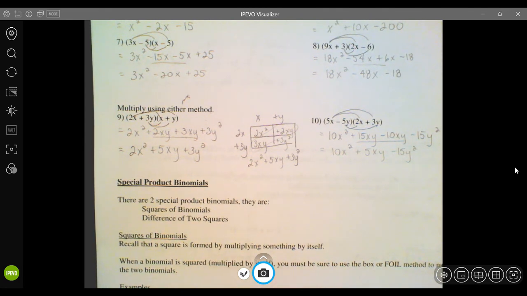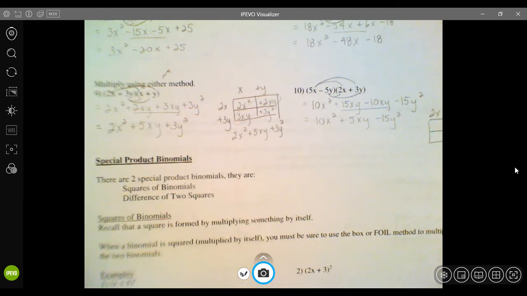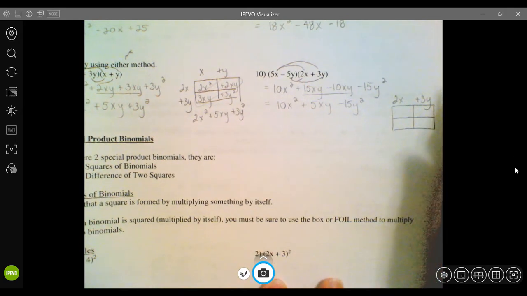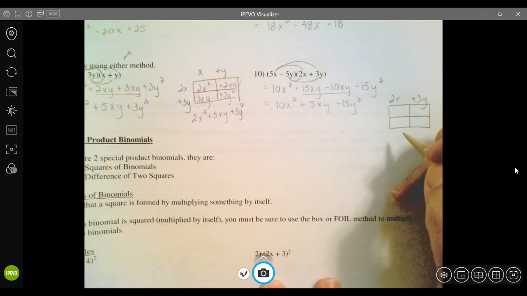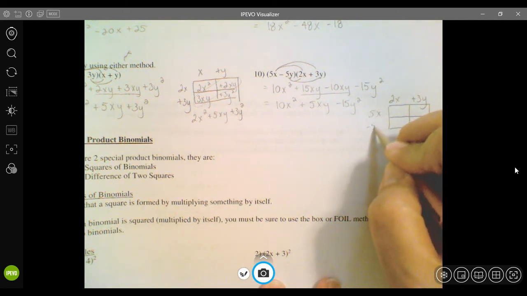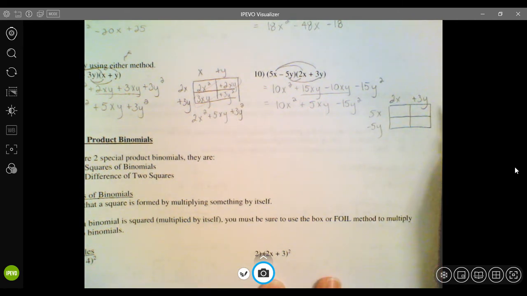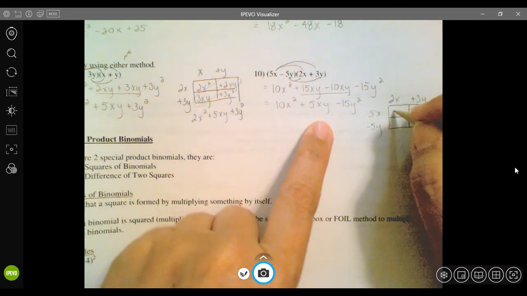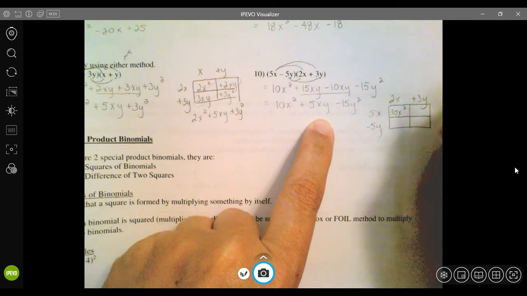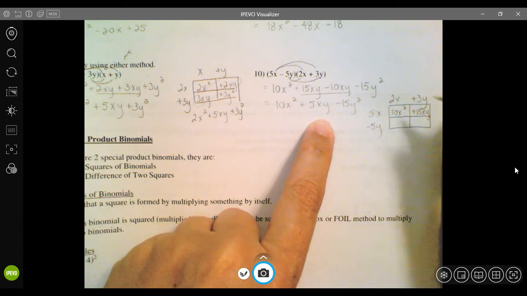All right, so let's use the box method. Oh, I guess it would help if I could slide this over. Yeah. All right, there it is. And then we have 5x minus 5y. Okay, 5x times 2x is 10x squared. 5x times 3y is 15xy.